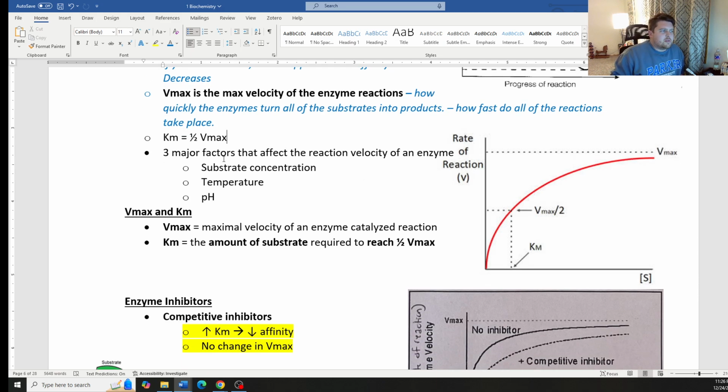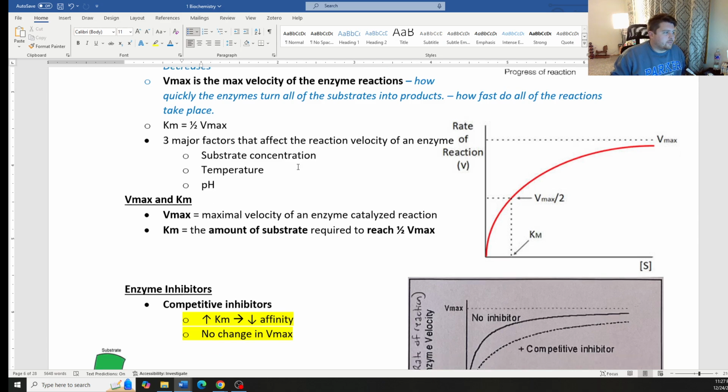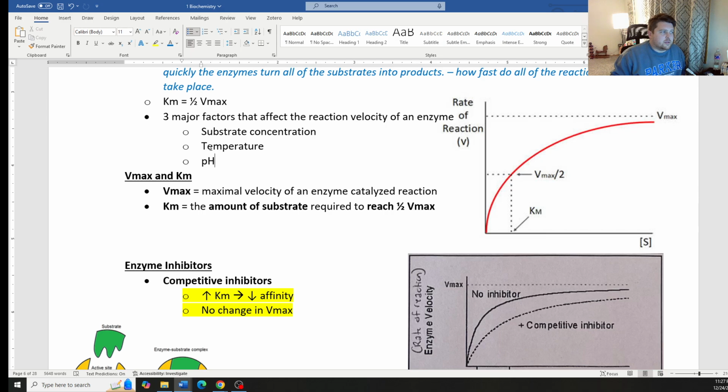So there are 3 major factors that affect the reaction velocity of an enzyme: the substrate concentration, temperature, as well as pH. So if we change any of those, that is going to affect our velocity. Oftentimes, raising the temperature usually has a positive impact on our Vmax.